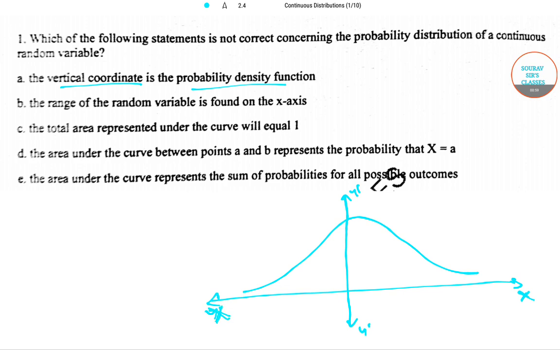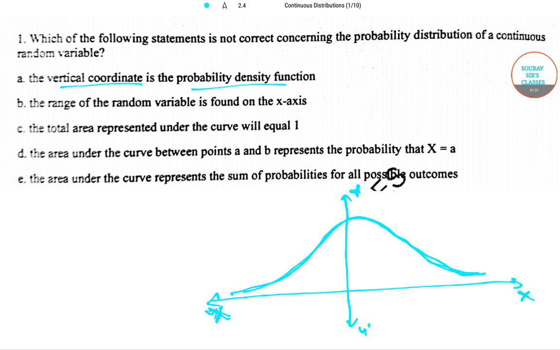Remember that the coordinate for the y-axis can never be negative because probability is always positive. So it will always be above the origin, that is, probability would never be negative.